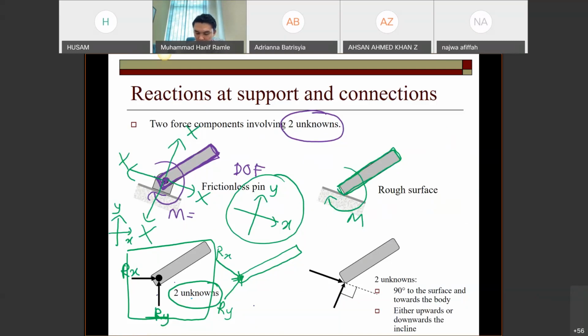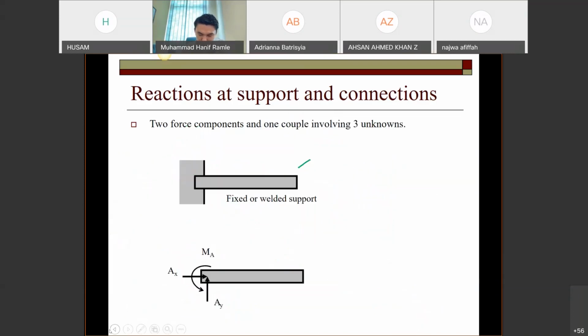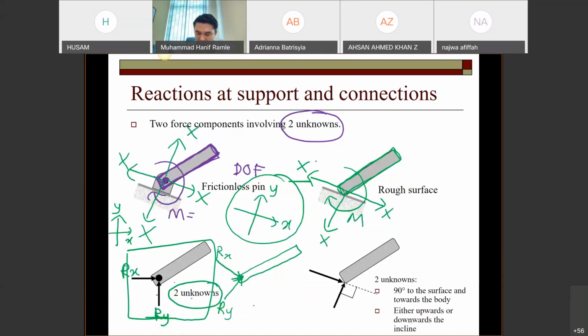So you cannot go right because of the friction. You cannot go left because of the friction. You cannot go down because of the surface. And the thing that you must be aware about this system, you can bring this body upward like this.